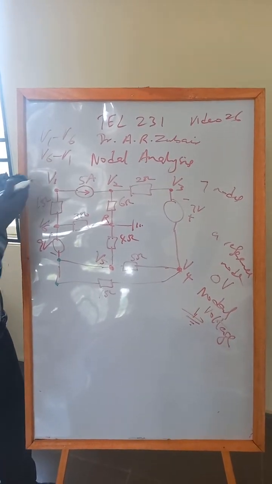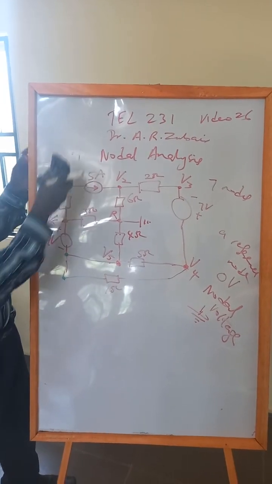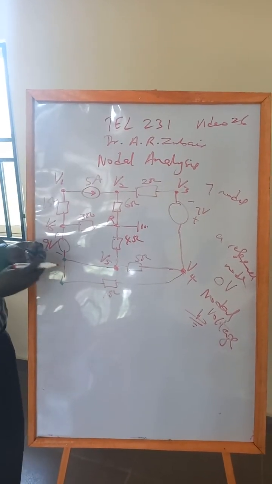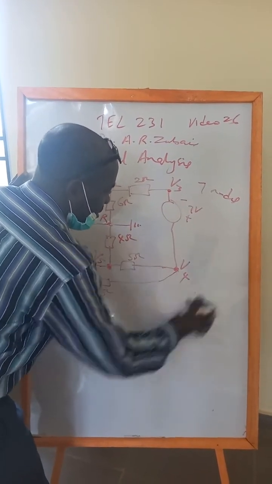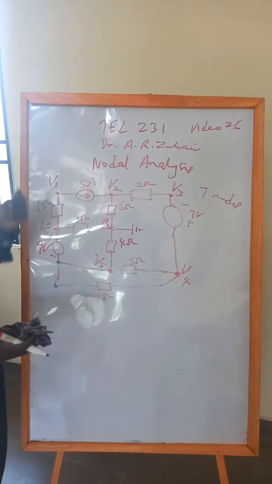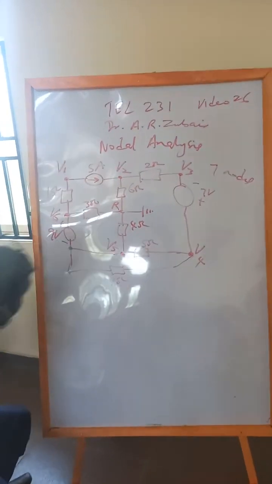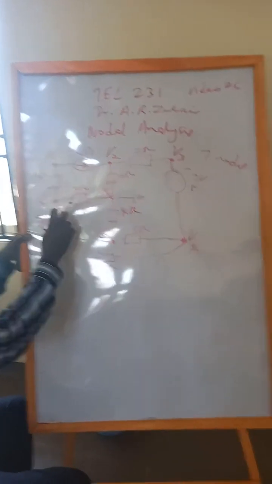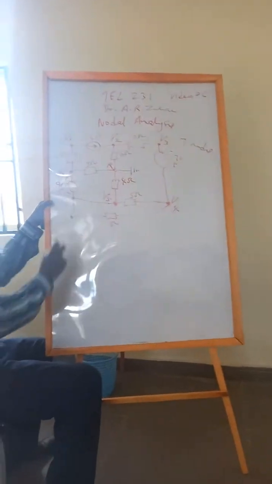Now, having chosen your reference node and your nodal voltages, the next thing is to start writing equations. First, check the voltage sources. For example, this 9 volt voltage source is connected between V6 and V5.